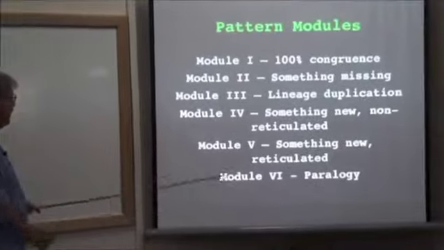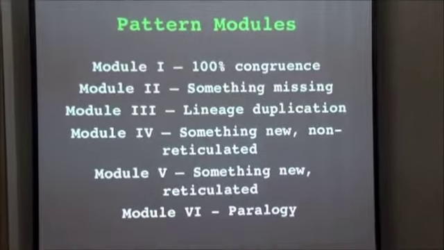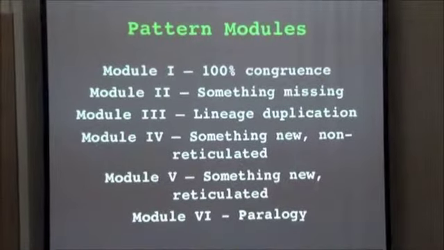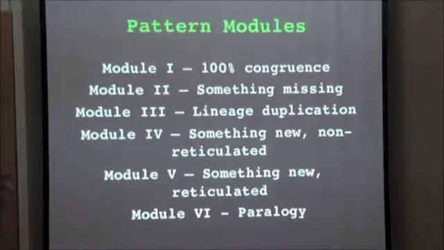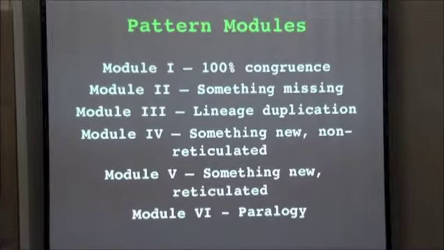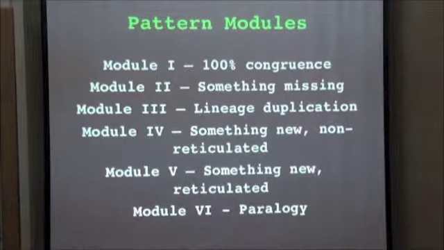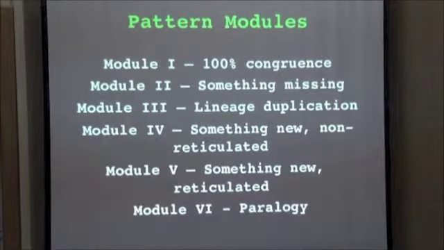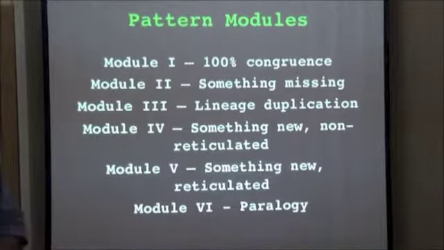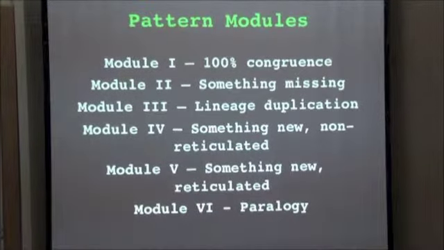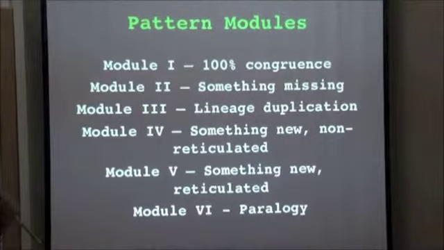So it turns out that what we have are 6 different modules of pattern. All of these area cladograms, host cladograms, all these historical diagrams, cladograms, branching diagrams I'm going to show you, are combinations of only 6 different pieces of pattern. We have the first module where there's 100% congruence.